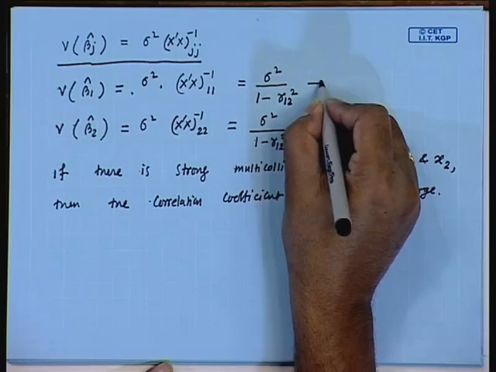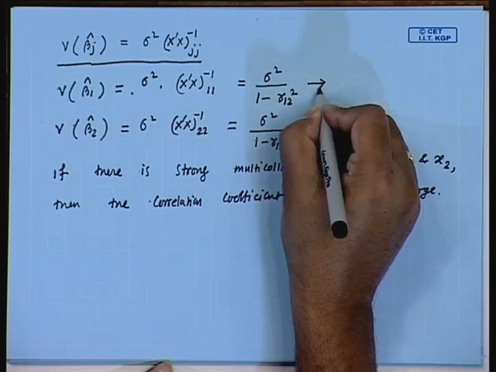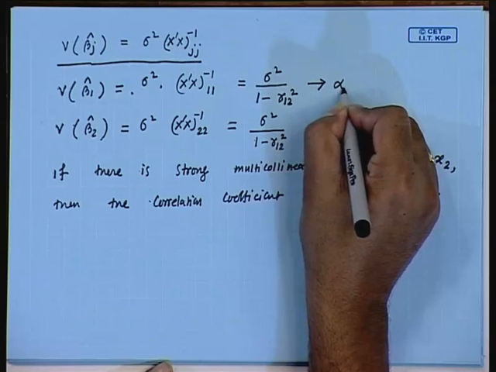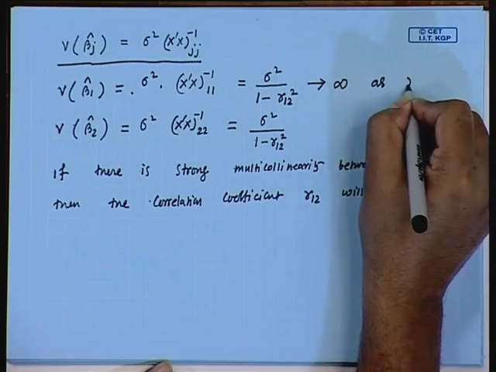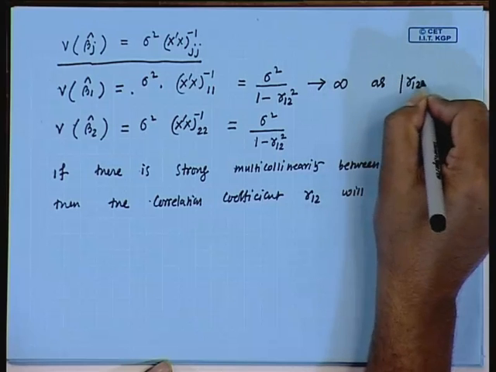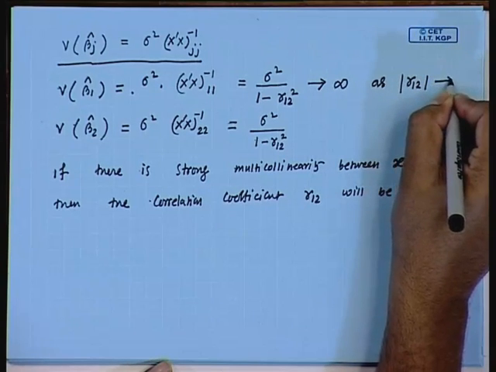So, the variance of beta 1 hat tends to infinity as R12 tends to 1.